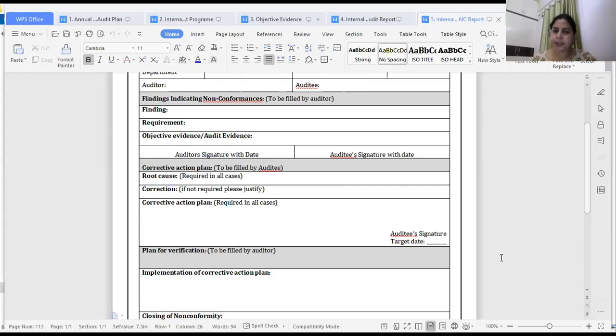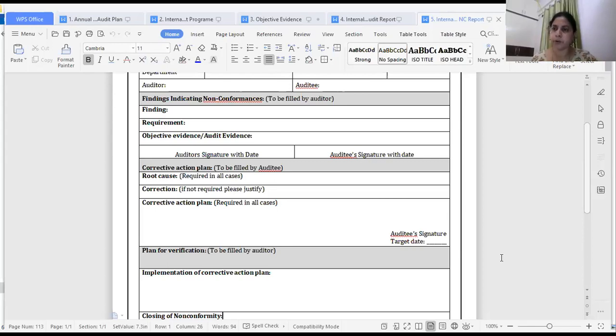So a plan for verification has to be made. That is, you tell the auditee, this is your target date and I will be coming on this particular date for verification. After that, the audit will be done only for that point which was non-conforming. It will not be done for the whole process again.